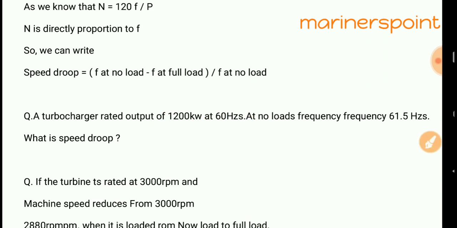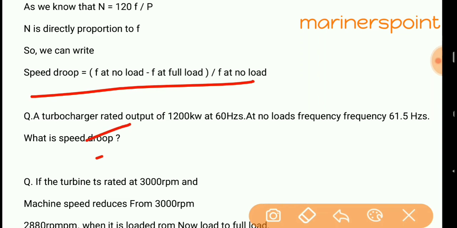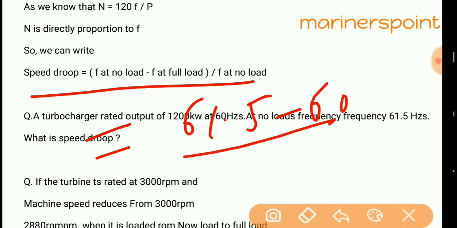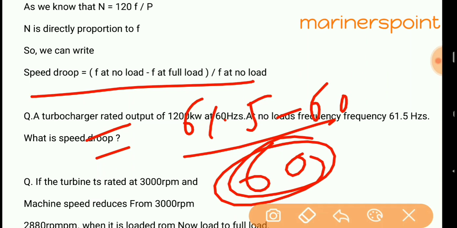I have already told you the speed droop formula. Then your answer will be like this, and in the denominator it will be no load. Always remember, the answer is always positive, but in the denominator no load, because you are taking no load as the base.